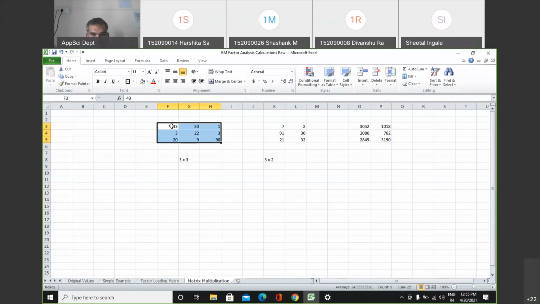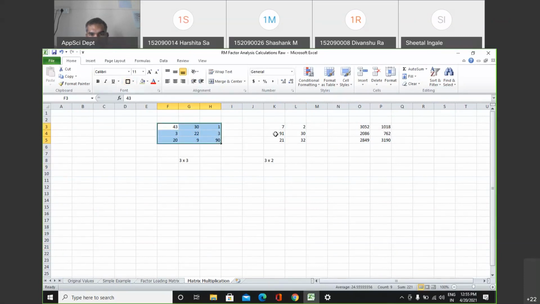So this is a matrix. This is a matrix. And this is a matrix. Can we multiply that? In school, we have discussed, 3 by 3. The number of columns should be equal to the number of rows of the other matrix.